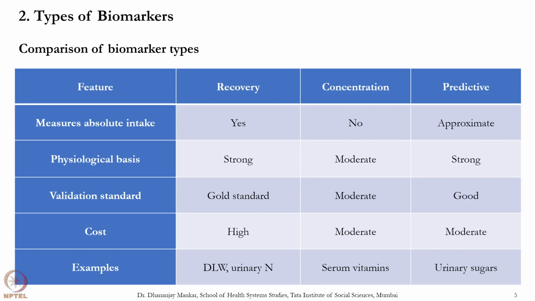Validation standard: recovery biomarkers are the gold standard and the other two are moderate to good in terms of standardness. Measurement of absolute intake is a yes, as seen in recovery biomarkers, whereas for concentration and predictive it is no, only approximate. The example of recovery biomarkers is DLW and urinary nitrogen. For concentration biomarkers, it is serum vitamins, and for predictive biomarkers, it is urinary sugar.